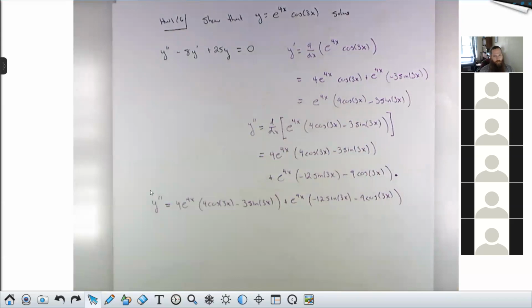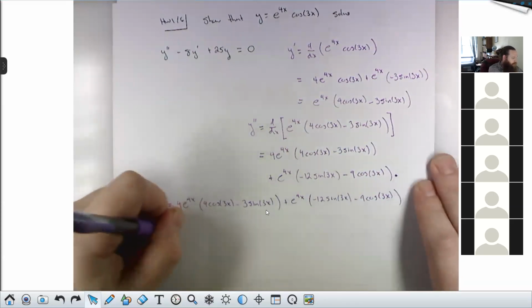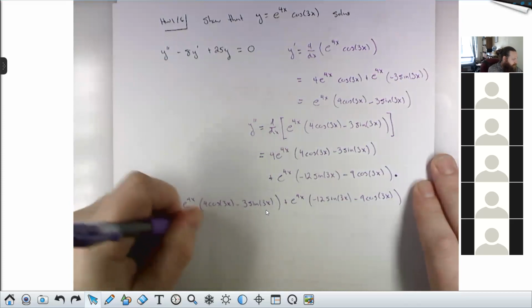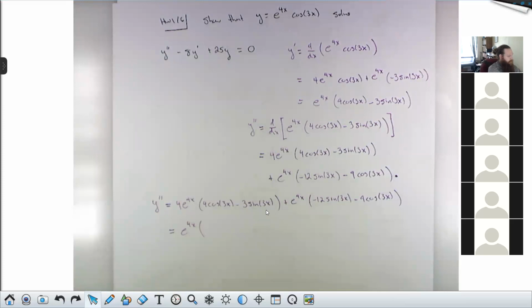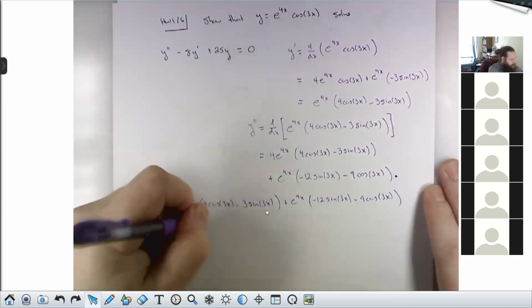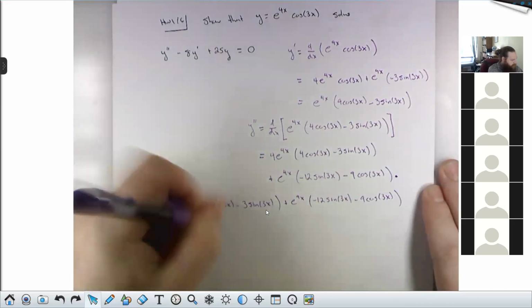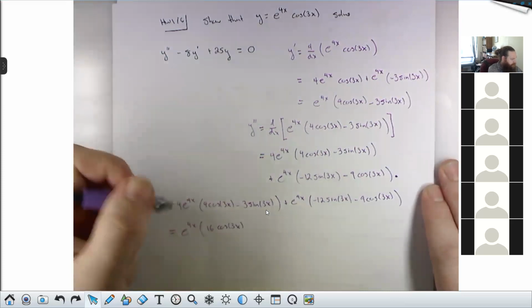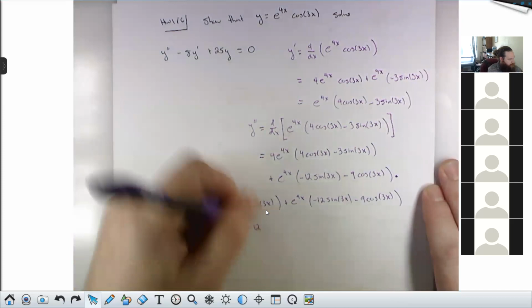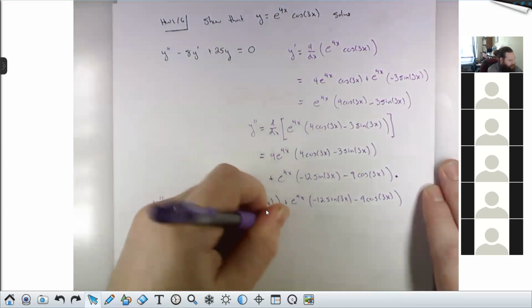So here is y double prime, and we can clean this up. I can factor out the e to the 4x, distribute this 4, combine my like terms. This is e to the 4x. I'm going to distribute this 4 here and get 16 cos 3x minus 12 sine 3x.